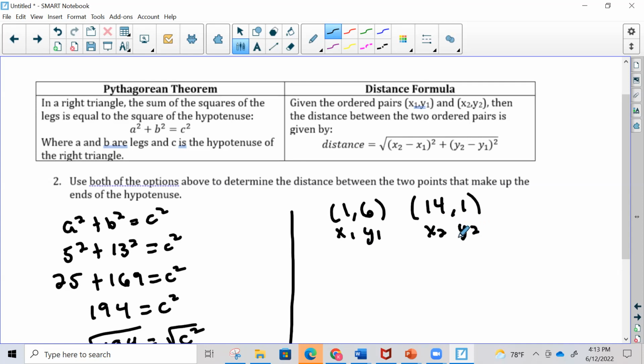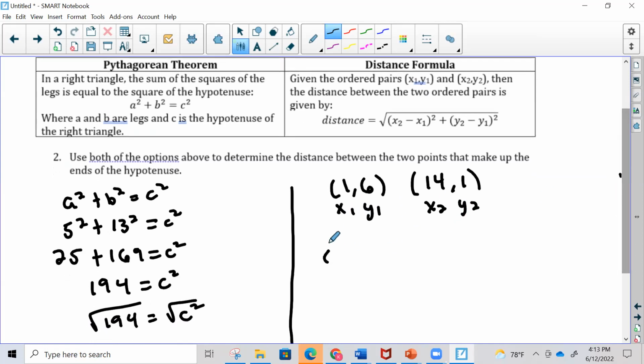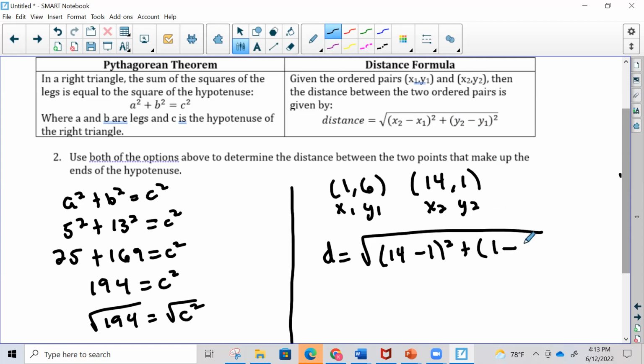Just remember every point is x comma y, and the subscripts have to match. Then we just plug it into this distance formula. So d equals, x2, so we would do 14 minus x1, which is 1, squared, plus y2, which is 1, minus y1, which is 6, squared.